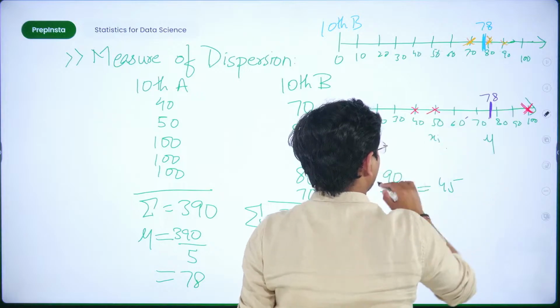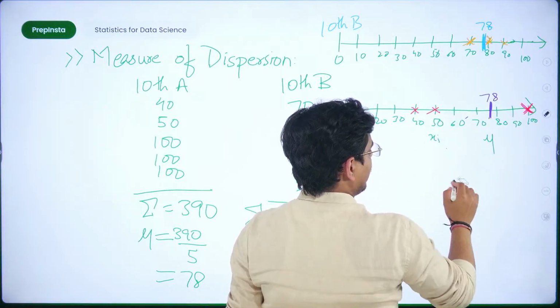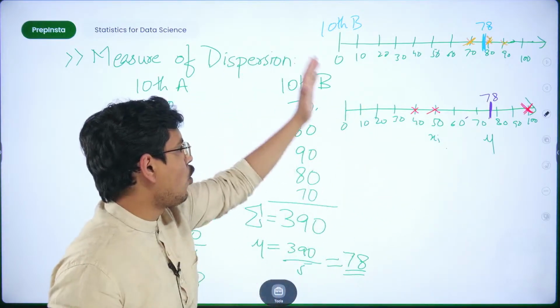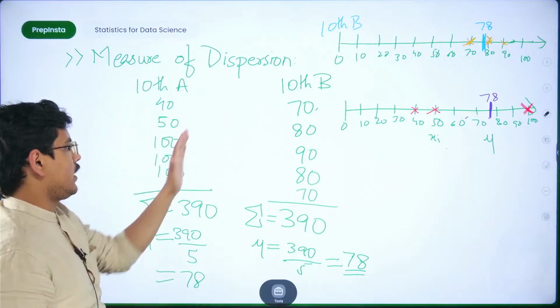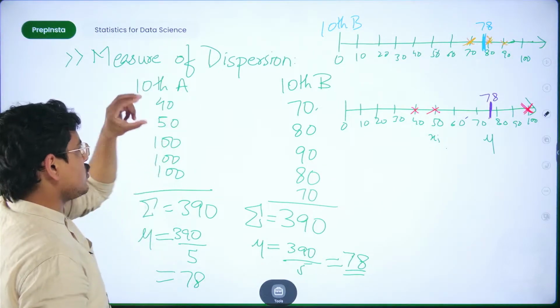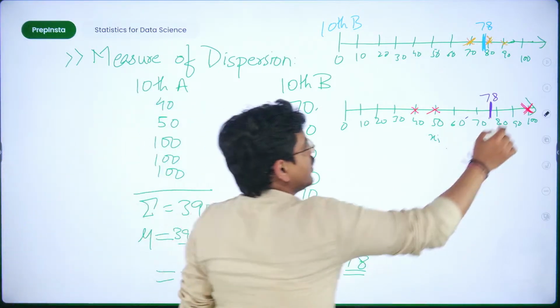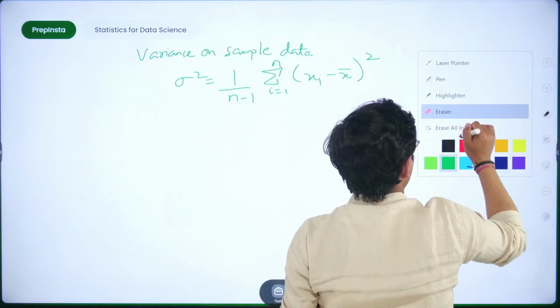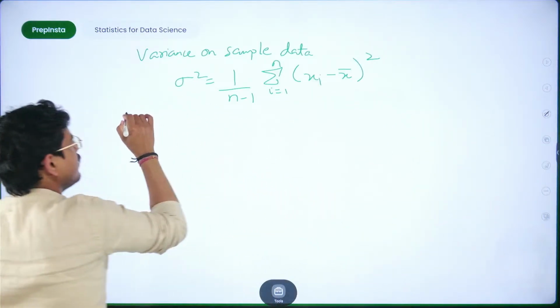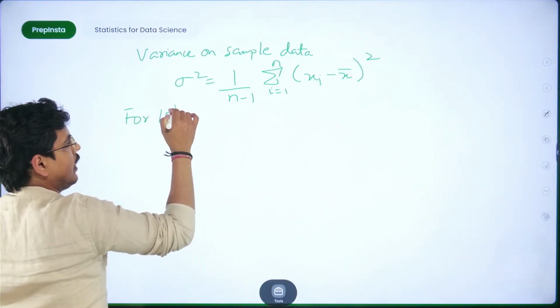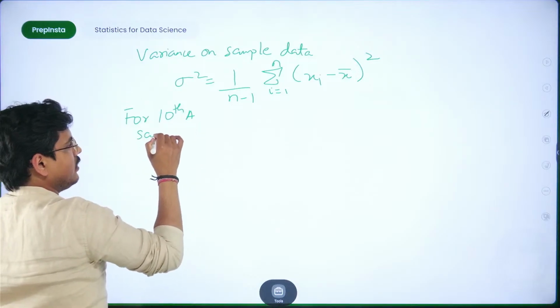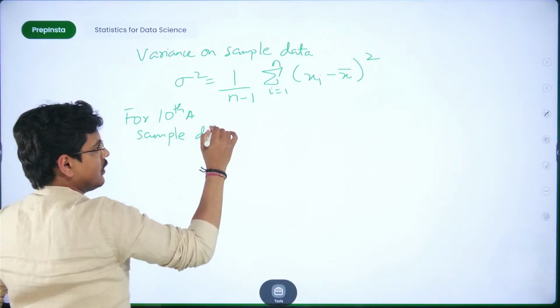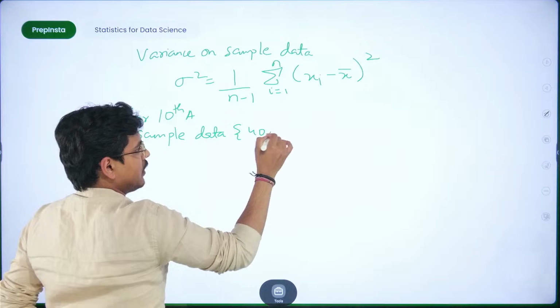Because out of this whole population data, I pick these two as my sample data. So I'll write sample data: 40 and 50 marks.